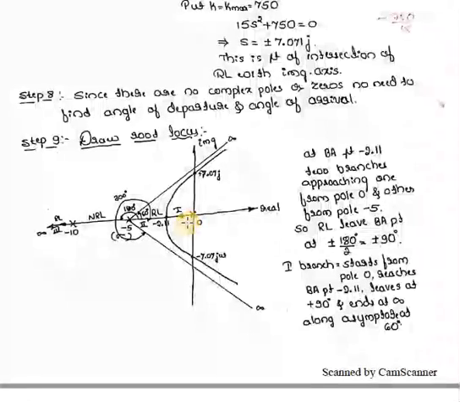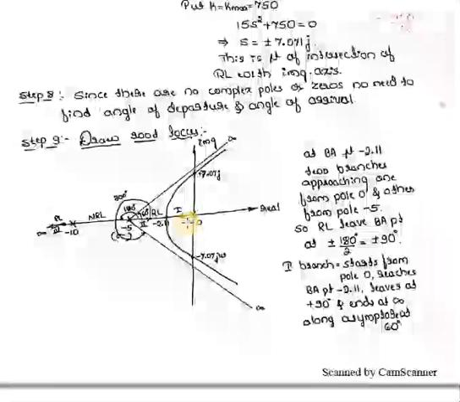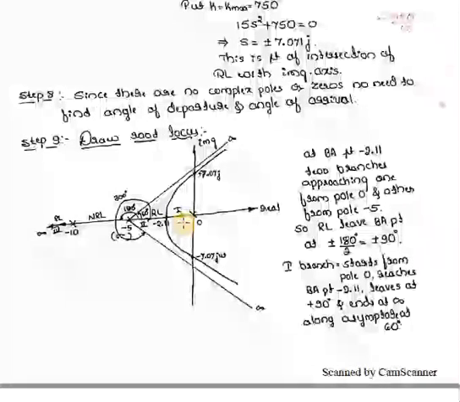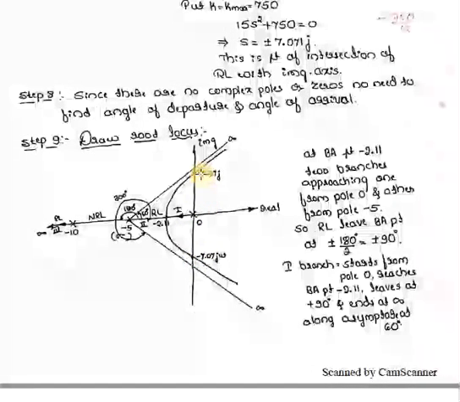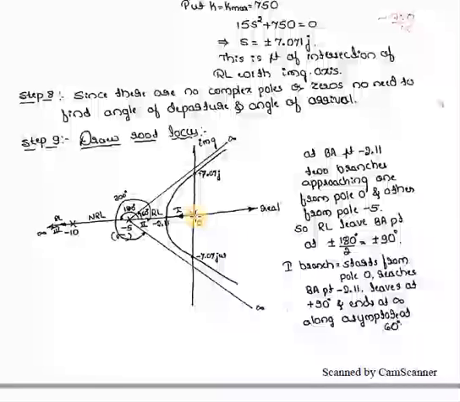Now you need to draw the root locus. Always the starting points are poles and the ending points are zeros. Since there are no zeros, all the roots will tend to infinity. And you mark the intersection with the imaginary axis, plus 7.07j and minus 7.07j. The first root will start from 0. It will come up to the breakaway point at minus 2.11.